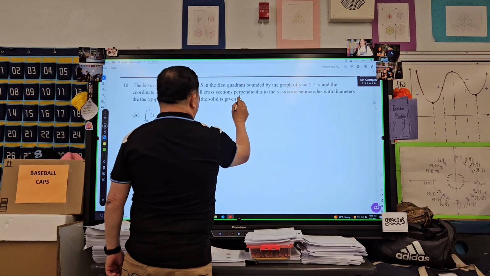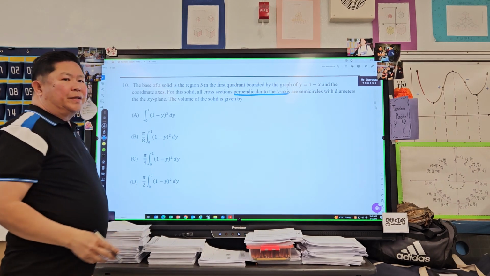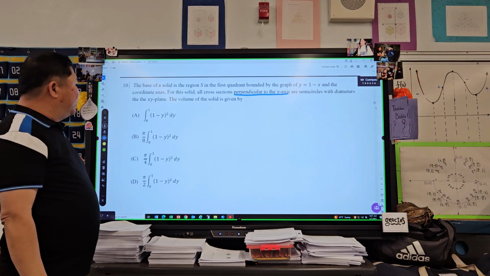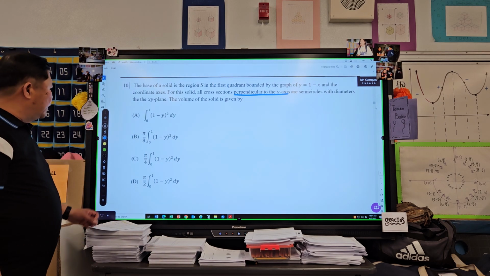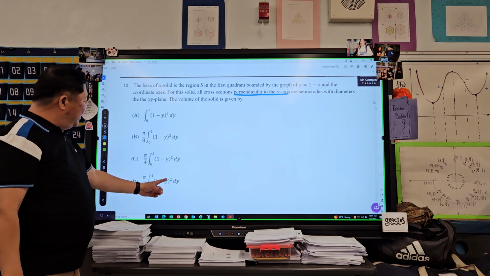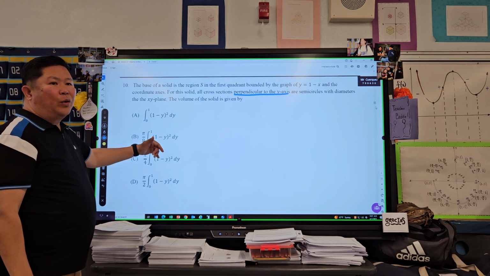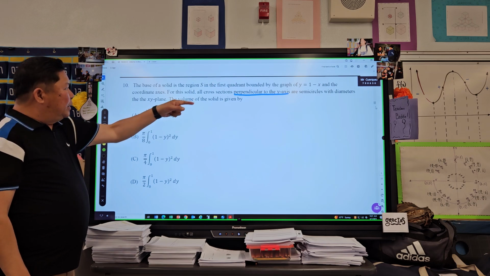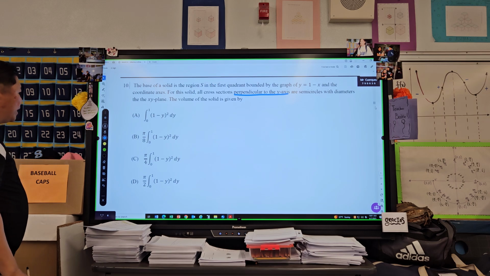We have perpendicular to the y-axis are semicircles with diameters in the xy plane, and the volume of the solid is given by, okay. For process of elimination, these are all dy, so these are all candidates in terms of dy. Why dy? Because it's going to be the y-axis. Okay. Then semicircles.